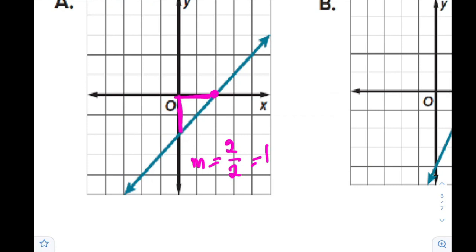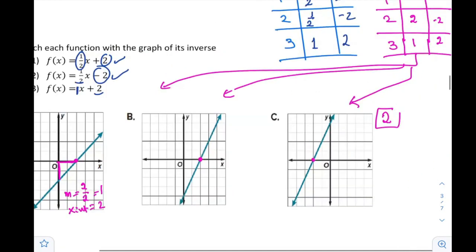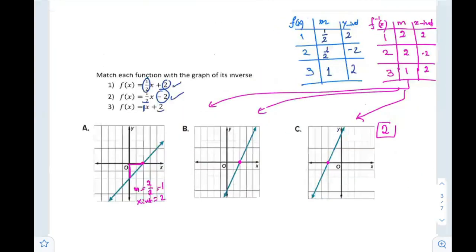So the slope here is 1. The x-intercept is 2, which matches with which one? Slope 2, slope 1, x-intercept 2. So this is related to number 3. So B will take number 1, definitely.